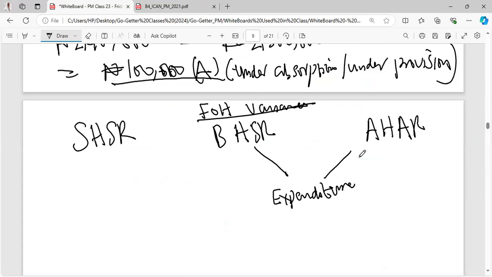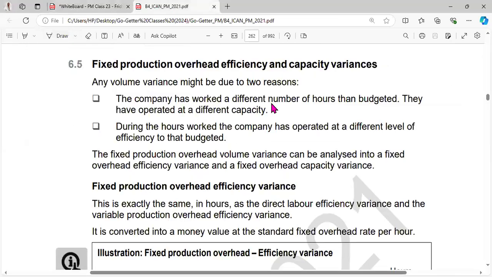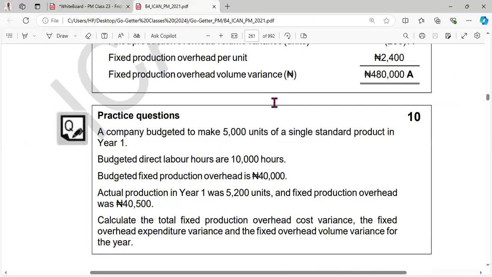We'll have this here, then we'll have something like this, volume. Later we'll put something here to separate it into efficiency and capacity. But let's look at this example here that we're about to do.